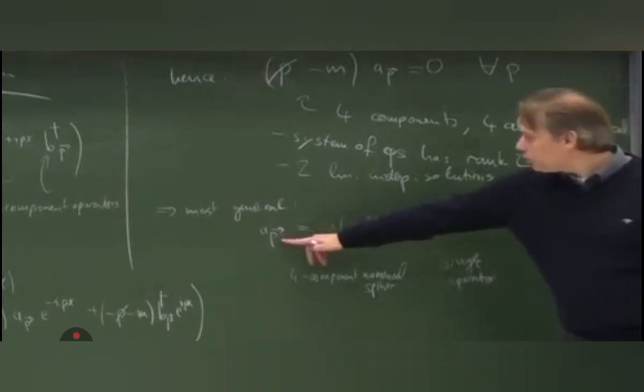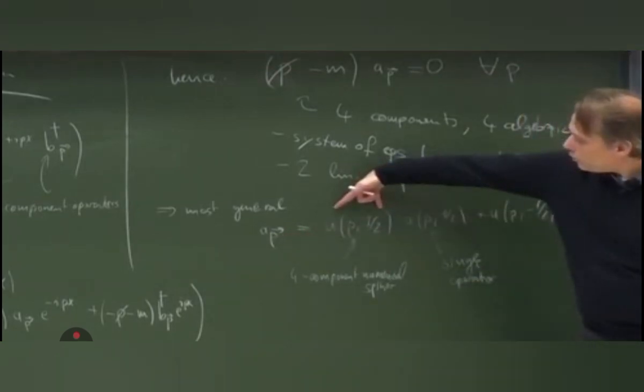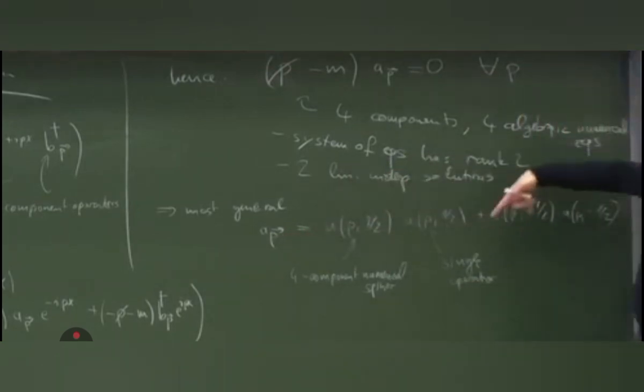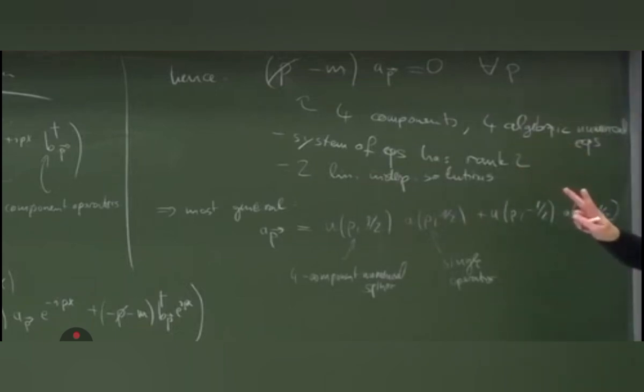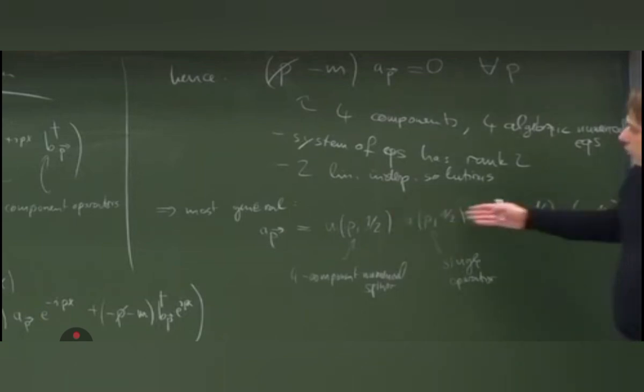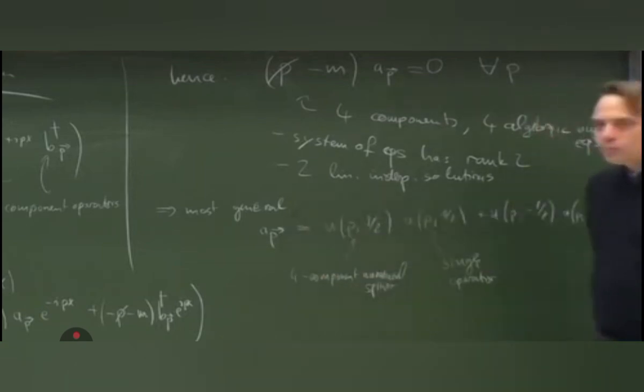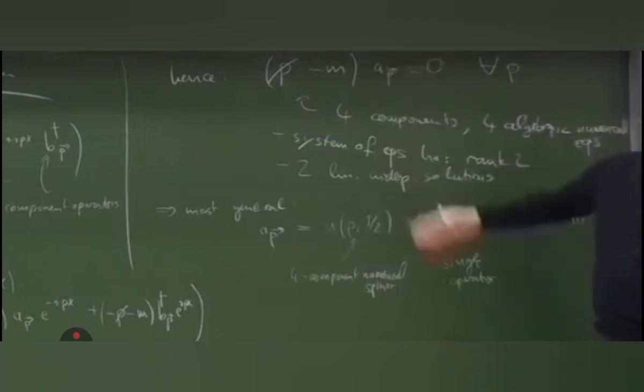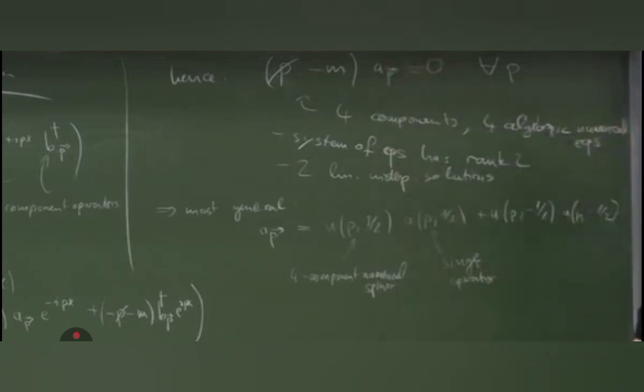And so we write our 4-component operator as a numerical 4-component spinor times one operator, plus another 4-component spinor times another operator. So we have two different operators, and we construct out of them a 4-component operator which satisfies this Dirac equation in momentum space. It's clearly the most general solution.